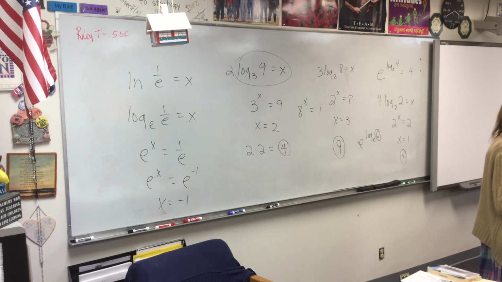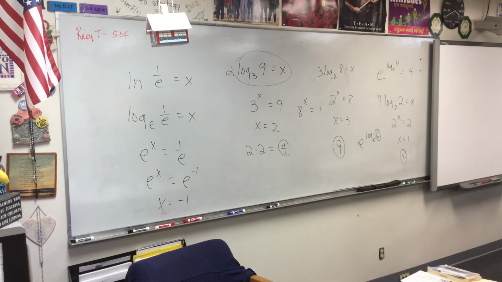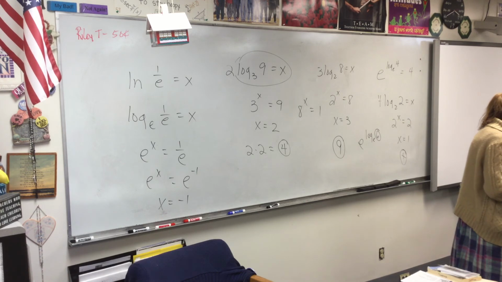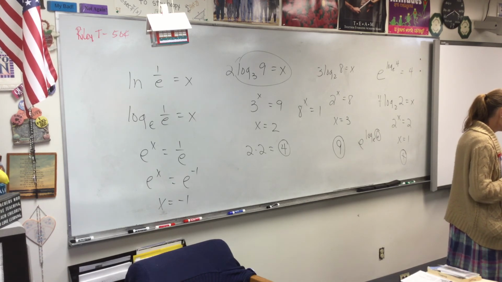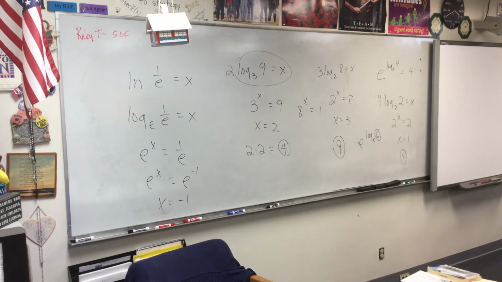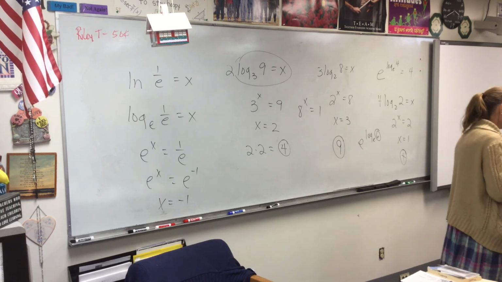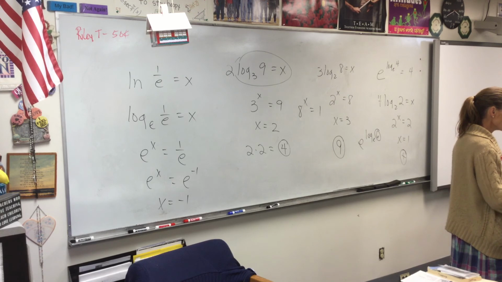You can get negative answers. Yes, Lauren, good. You can get negative answers, you just can't put negatives in. One more, log 1977. 3.2960. And we got it done. I told you we would.